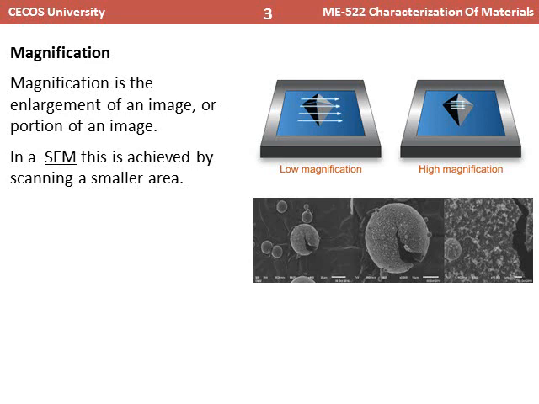The basic terminology of SEM starts with magnification. If you refer to a dictionary, it shows the enlargement of anything. In the case of SEM, it's an enlargement of an image or a portion of an image.